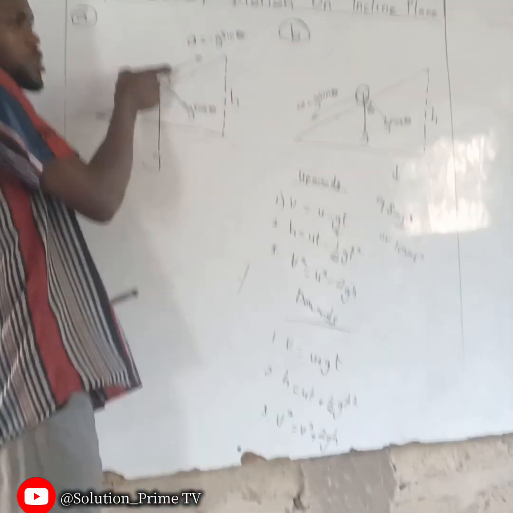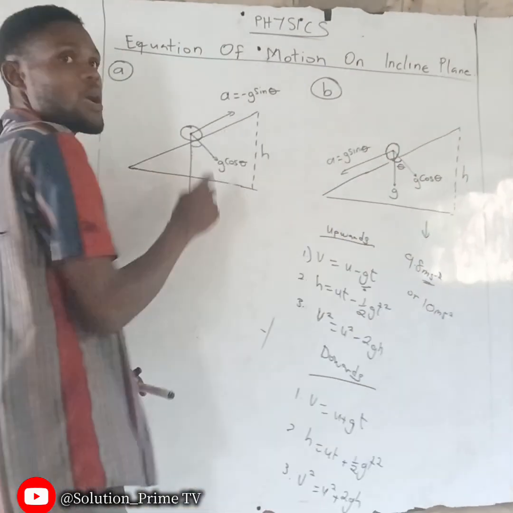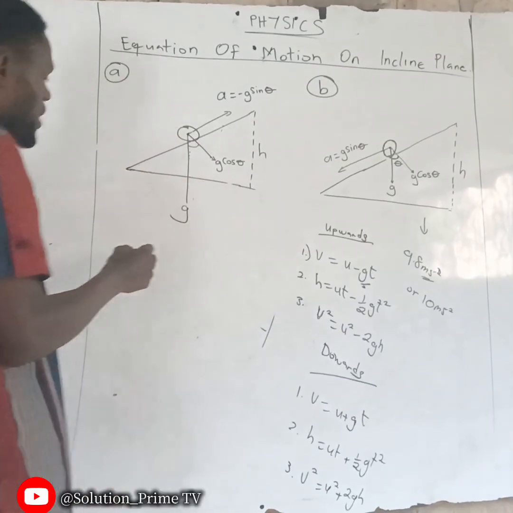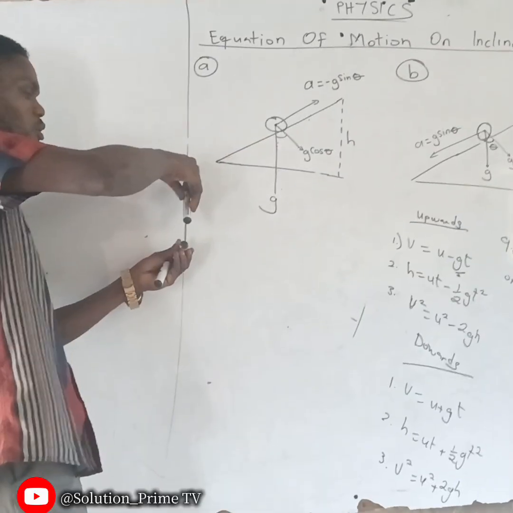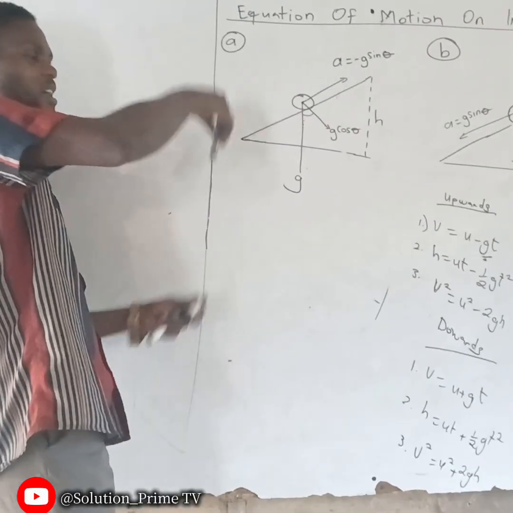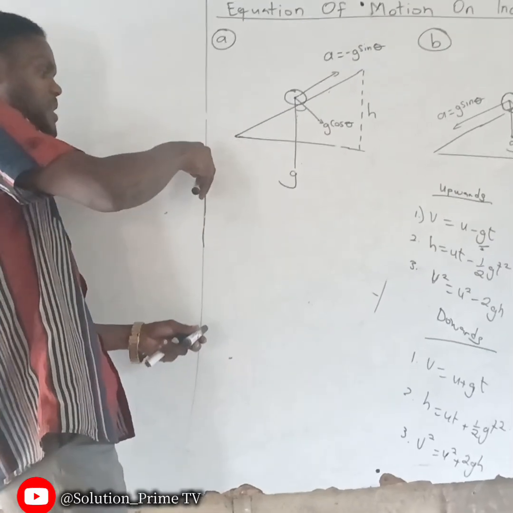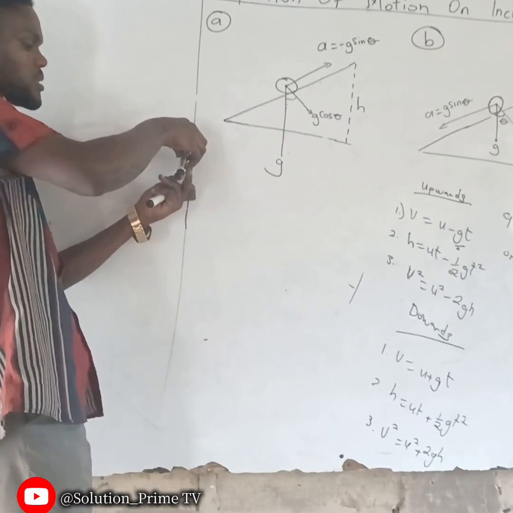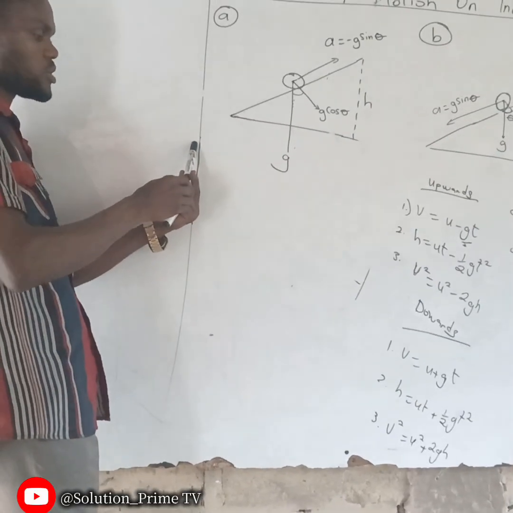Considering this object here, this is the plane, the building. So this is an inclined plane. Do you get me there?